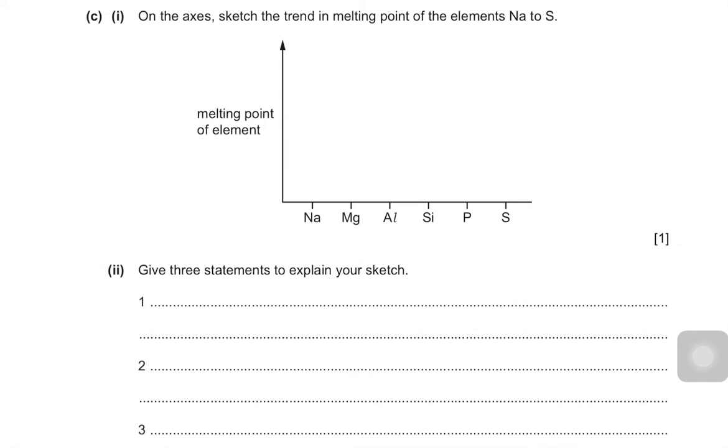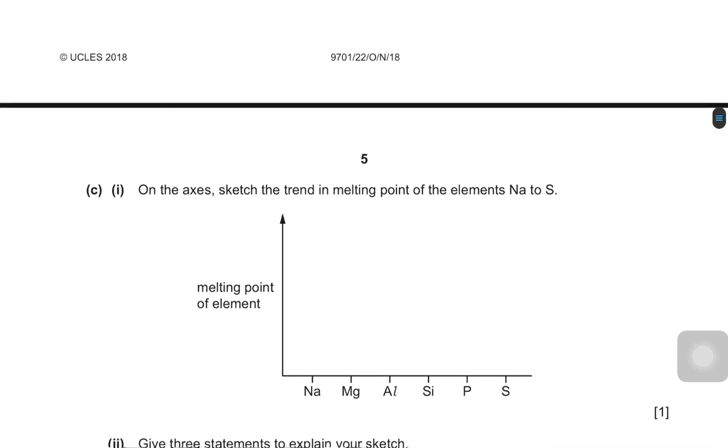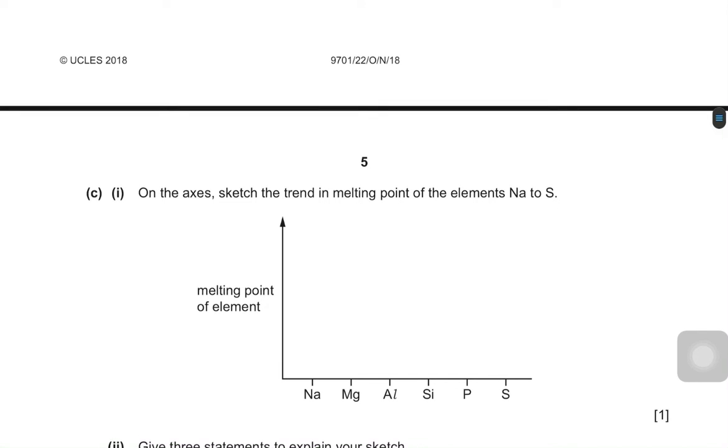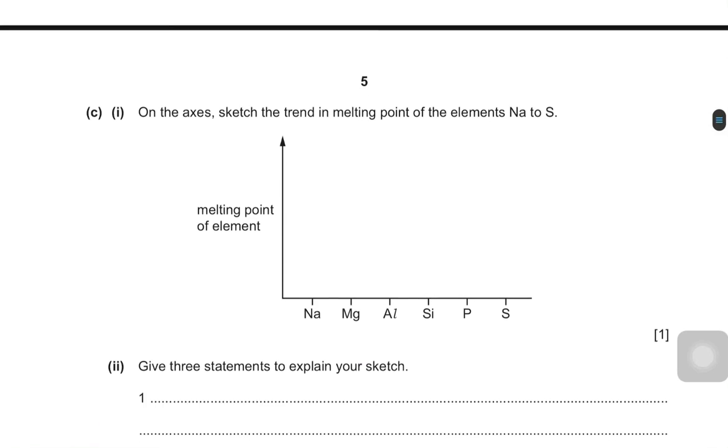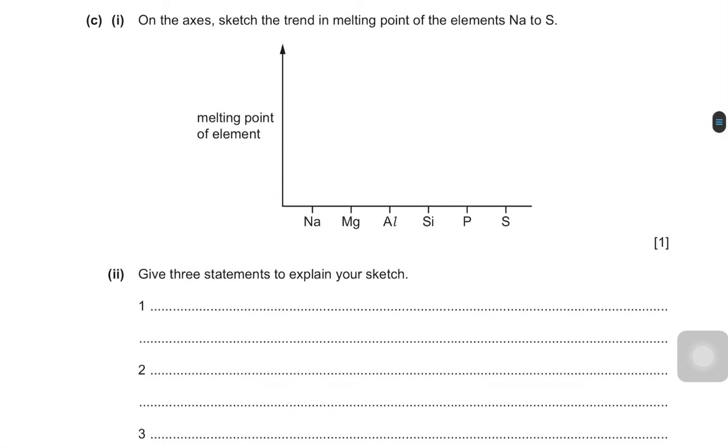Let's go for this theory question. It says, on the axis, sketch the trend in melting point of the elements sodium to sulfur. It shows you an axis with elements at the bottom and then melting point. We need to understand the structure and bonding of these elements.